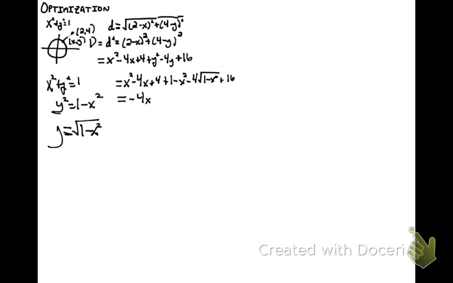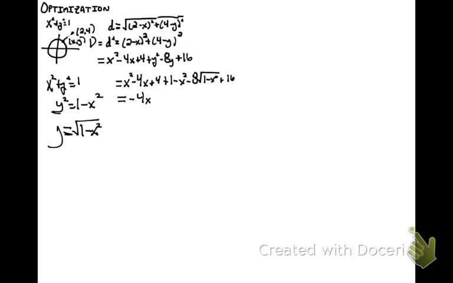Oops, found a mistake. So this should have been 8y, which means this should be 8 times the square root of 1 minus x squared.